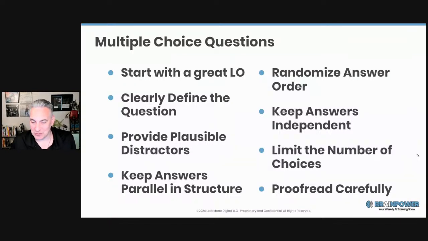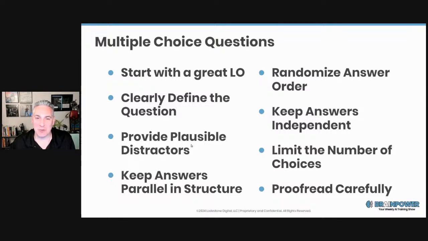So what else are we looking for in a multiple choice question? You've got to clearly define the question, and the origin point of that is a well-constructed learning objective. Within the question itself, you want to provide plausible distractors. They need to be real world.